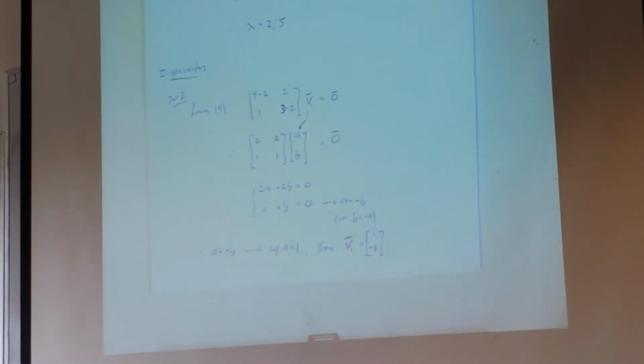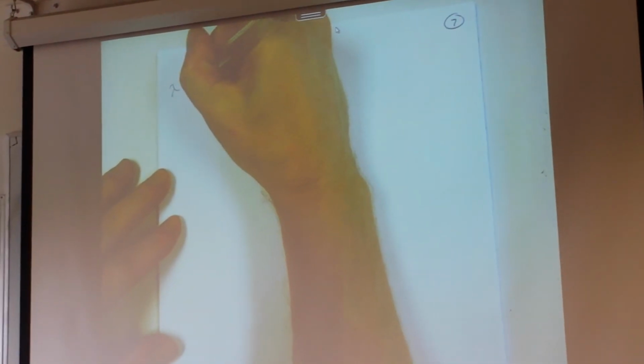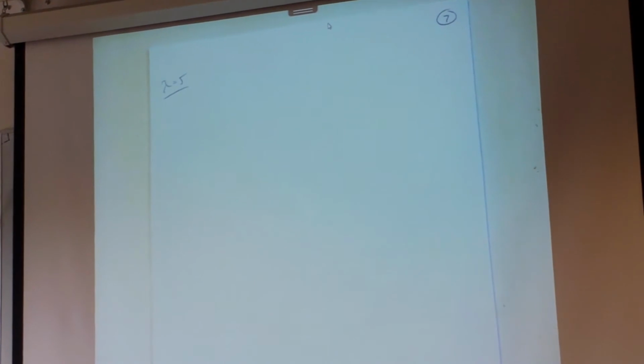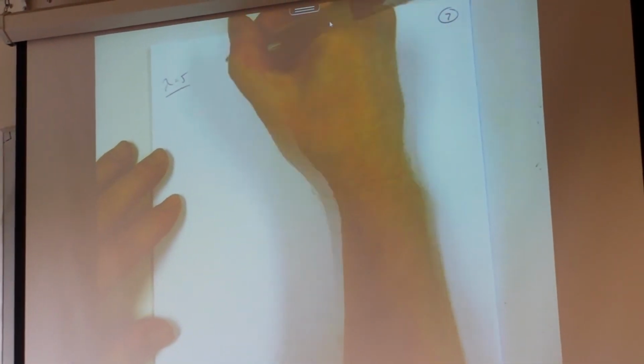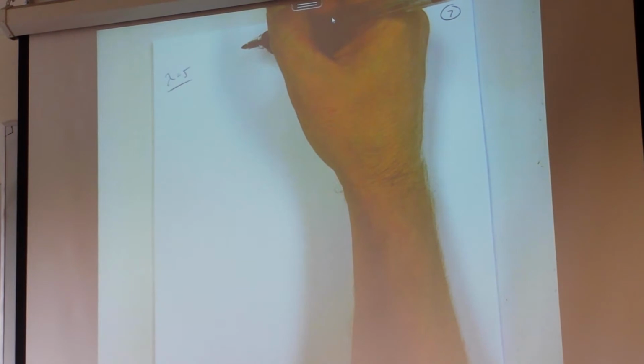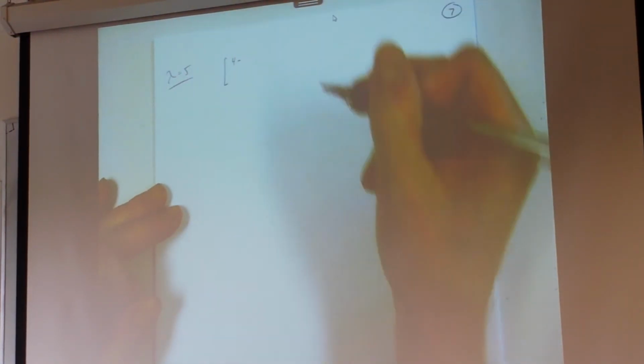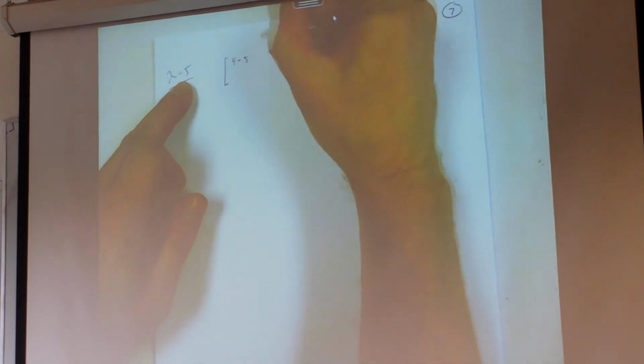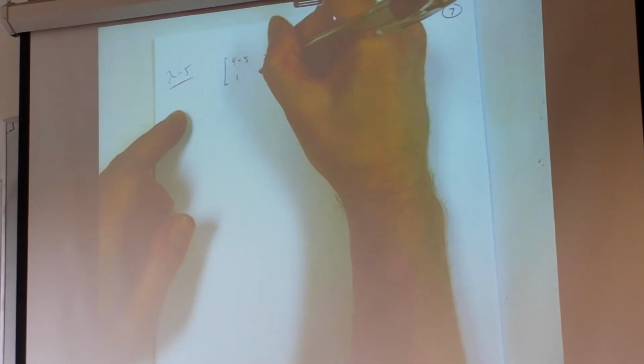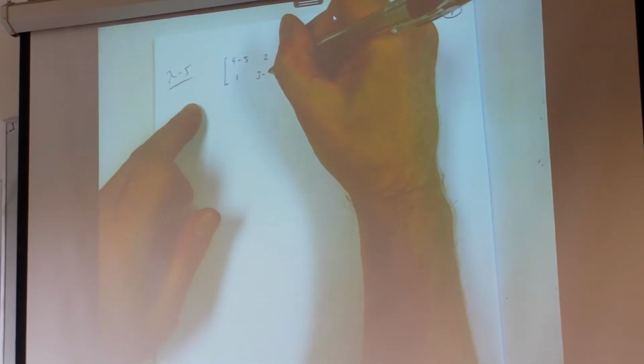Let's find the other one. We had 2 and 5 for our eigenvalues. So let's take the other one, lambda equals 5, and take my original A minus lambda I. So my matrix would be 4 minus lambda, 2, 1, 3 minus lambda.